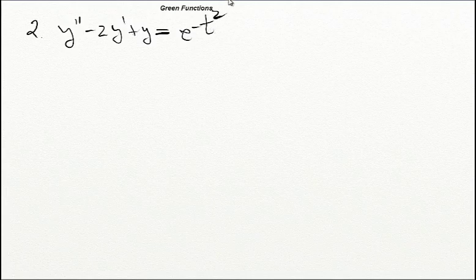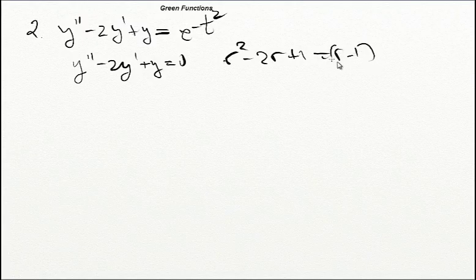Nice inhomogeneous equation. Again, it doesn't lend itself to undetermined coefficients, so we want to try a Green function. In order to get our Green function, we need the solution of the homogeneous equation with the appropriate initial data. It's clear that the characteristic polynomial here is r squared minus 2r plus 1, which is r minus 1 squared.